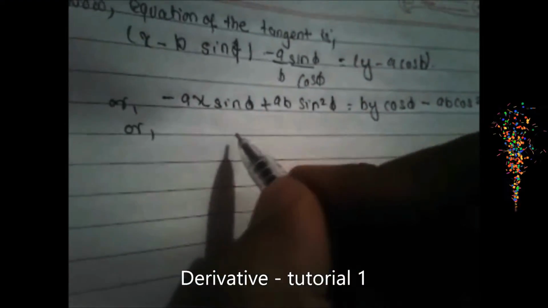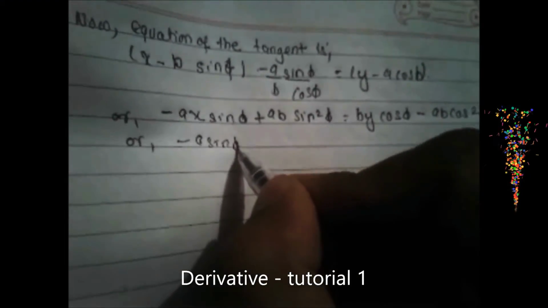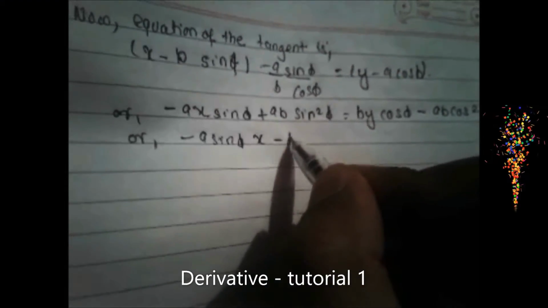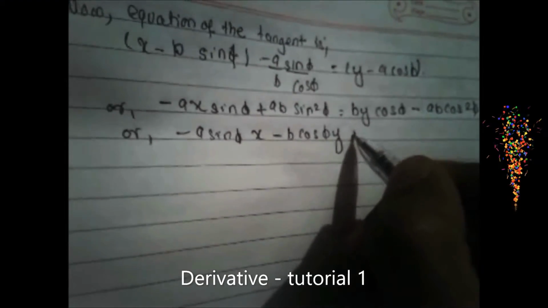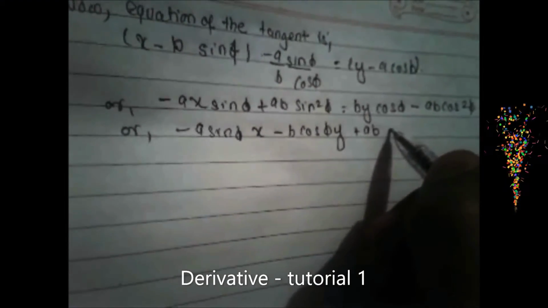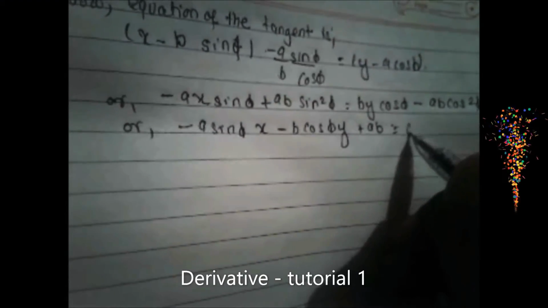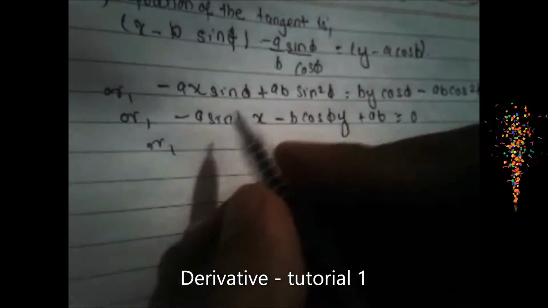Or we get minus a sin phi x minus b cos phi y plus ab, since sin square plus cos square becomes 1. So this is what we have got.